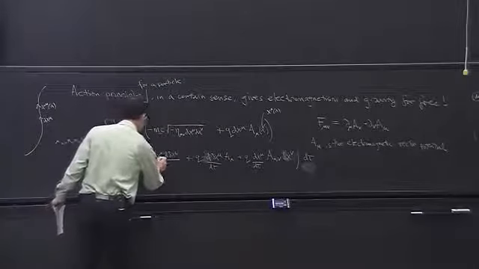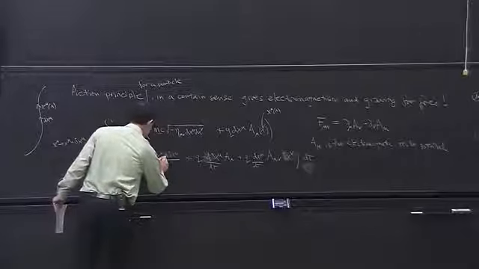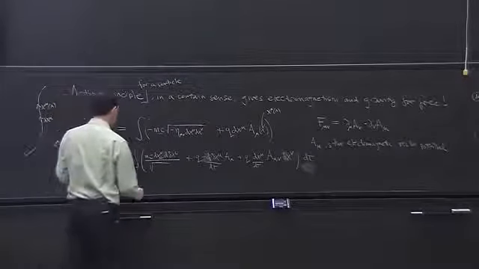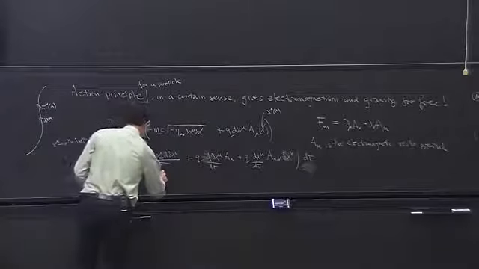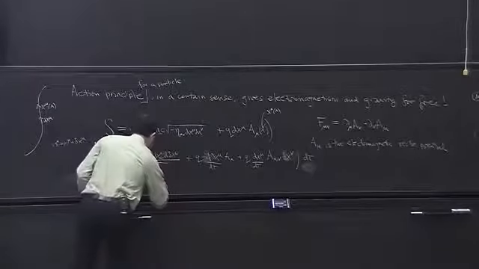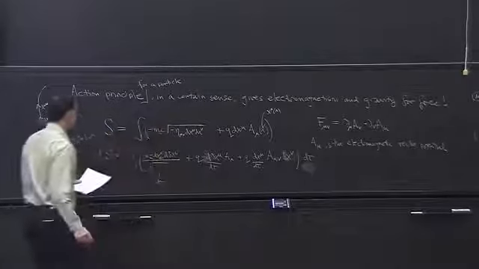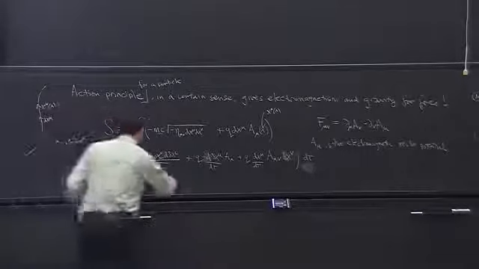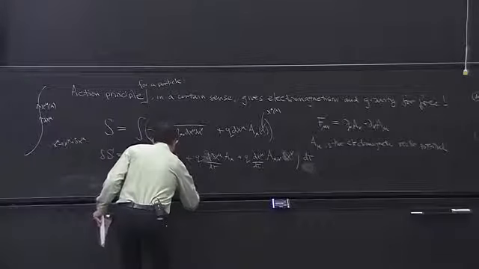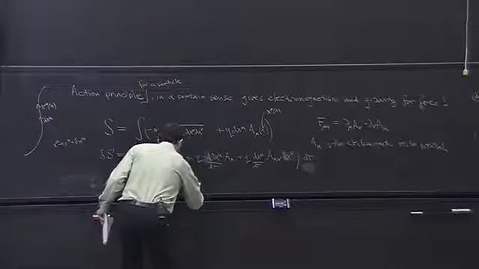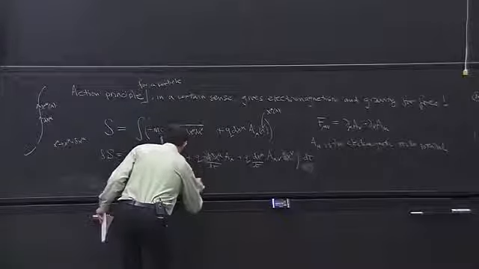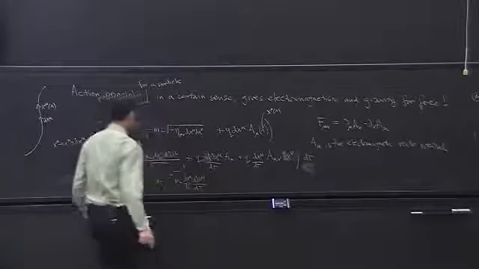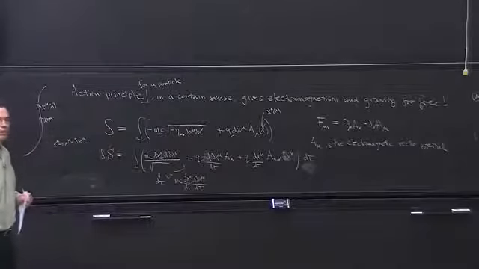And in this expression, I've got dx mu d tau over there. And of course, this square root is d tau. Okay, so this whole term here is mc dx mu d tau d delta x mu d tau. Right?